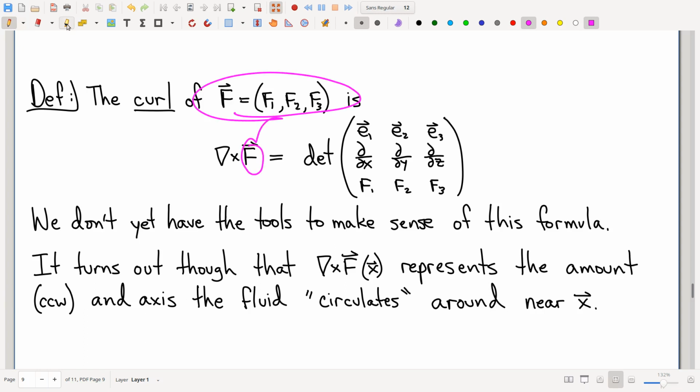Here, again, what we're going to do involves the del operator. There it is. And what we're doing in this case is we are crossing. We're not dotting them. We are crossing them.